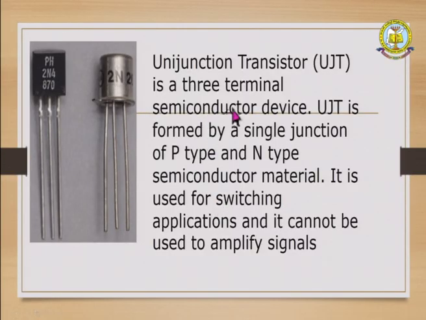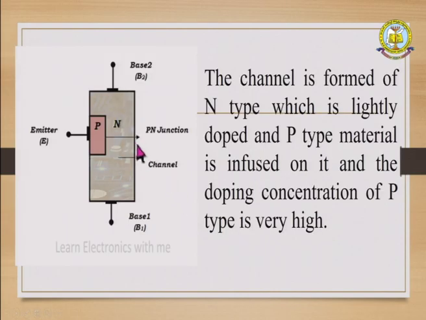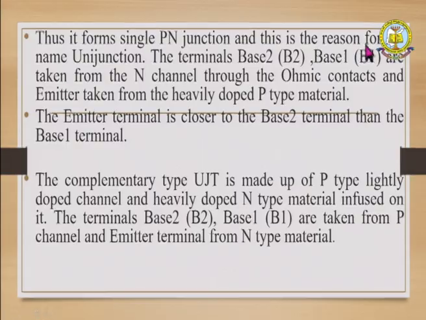Okay. So this is the unijunction transistor. Look at this PN junction. The channel is formed by N type, lightly doped, with P type material having a very high doped concentration. In FET it is very low. FET and UJT are opposite. So this is a uniform single PN junction, and this is the reason for the name unijunction.